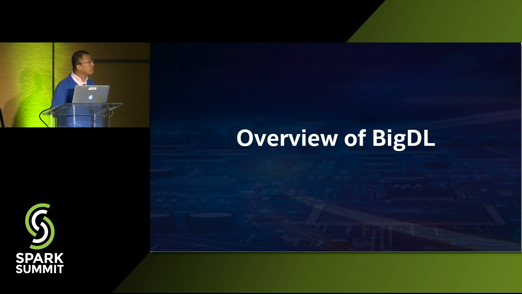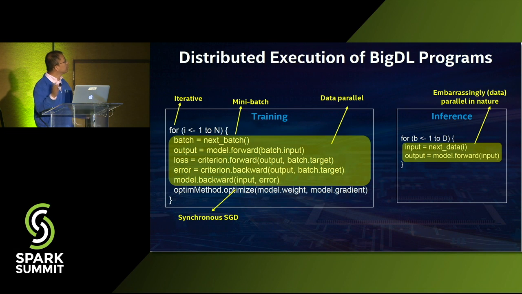So, a quick overview of BigDL. As I mentioned before, it's essentially a distributed execution of either training or inference. On the training side, it's nothing special. It's just like any machine learning or deep learning algorithm. It's an iterative process. You iterate through your data from 1 to n.